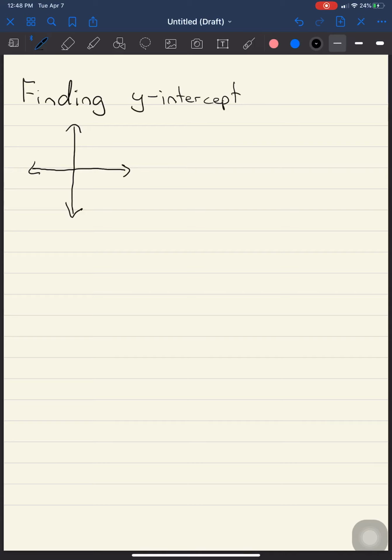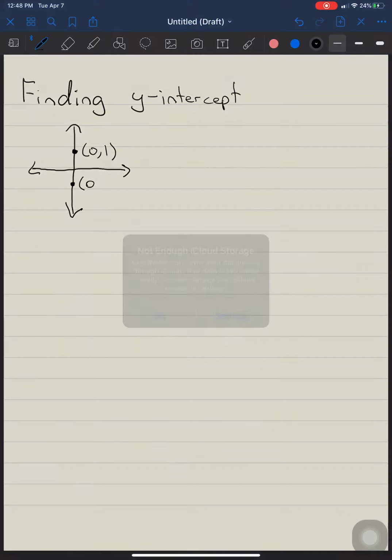So this could be 0, 1. If I had it down here, this could be 0, 0, or 0, negative 1, and so on. Like here it'd be 0, negative 2.